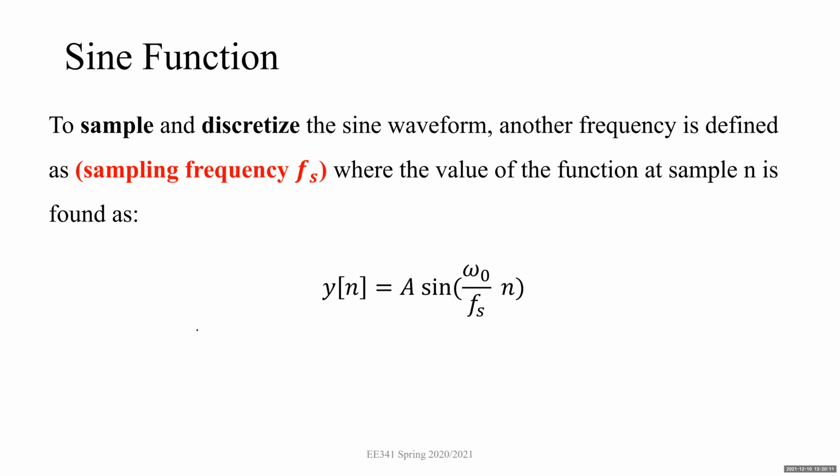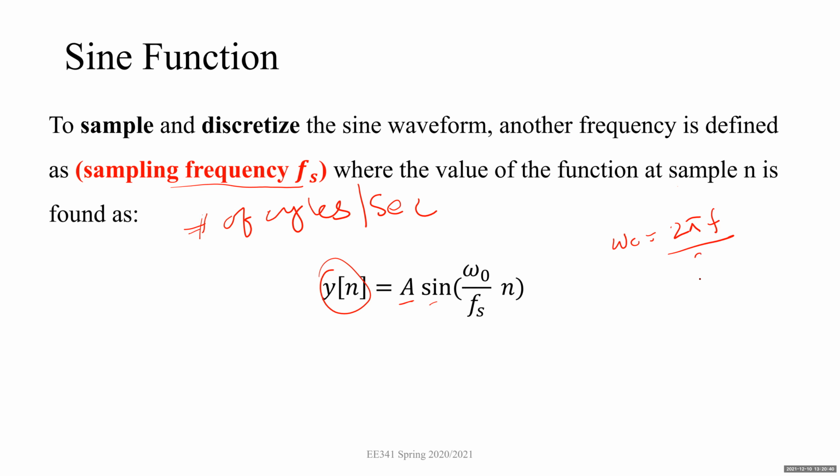So this is it. Now, what is sampling frequency? Sampling frequency is the number of samples per second. Okay. So this gives the value of the function at sample n as y of n is equal to a into sine of omega naught divided, because omega naught is equal to 2 pi f, divided by f naught.